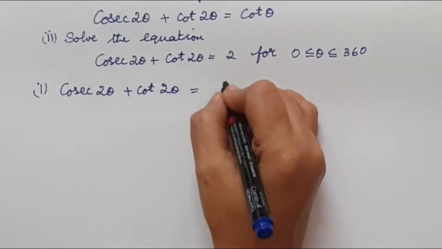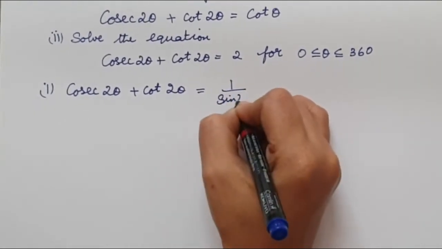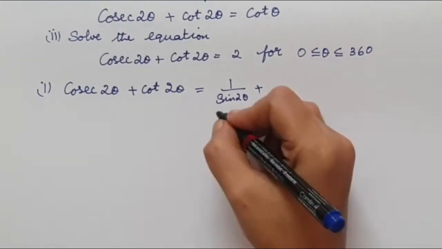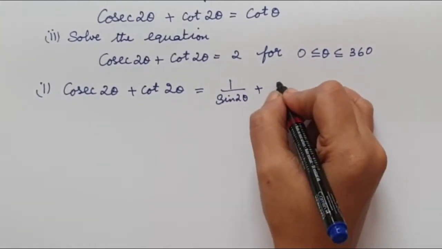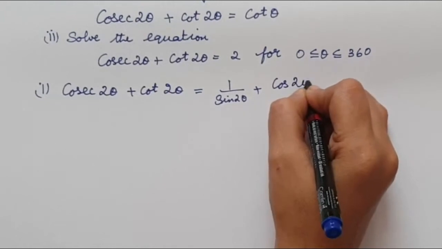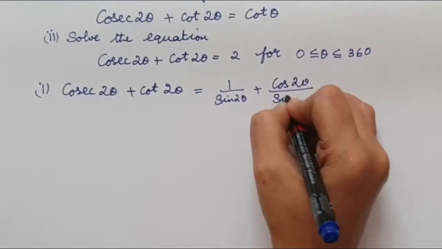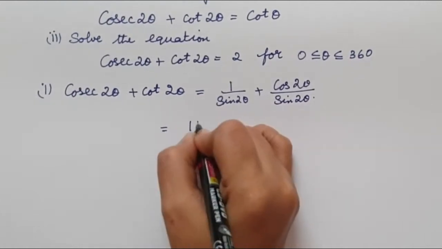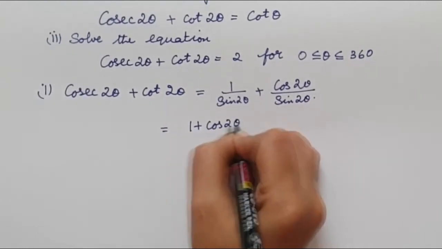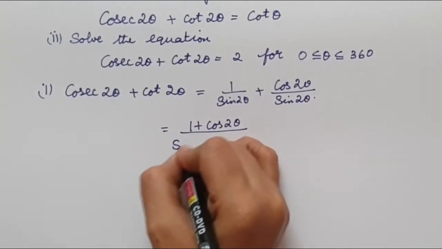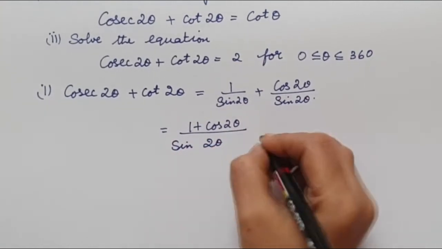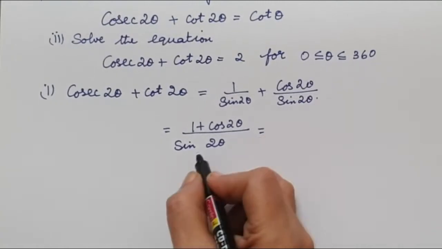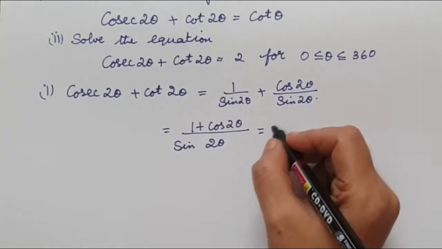Cosecant can be written as 1 over sine 2 theta, and cot is cos over sin, so we can write it as cos 2 theta over sine 2 theta. So this can be written as (1 plus cos 2 theta) over sine 2 theta. Now cos 2 theta we can write as 2 cos squared theta minus 1.